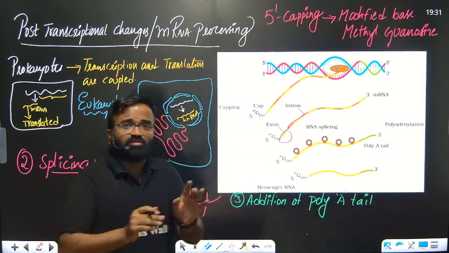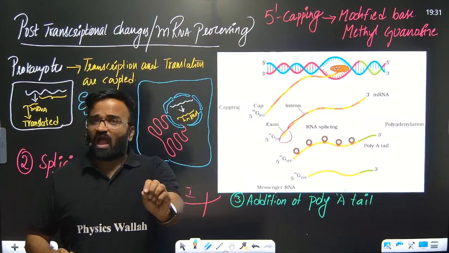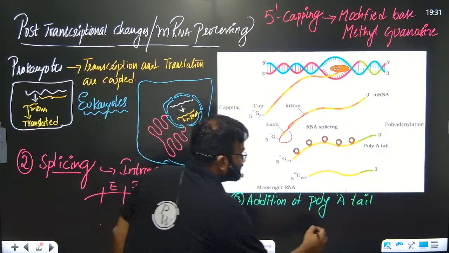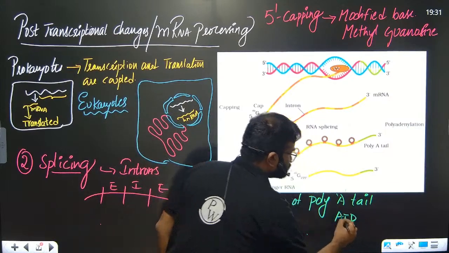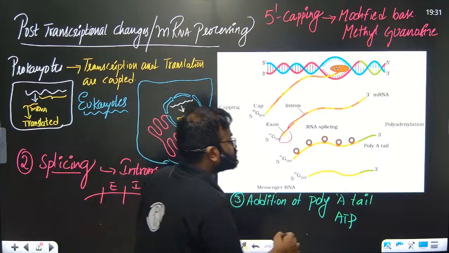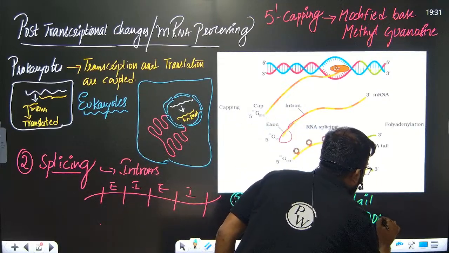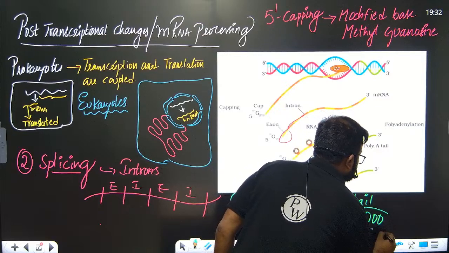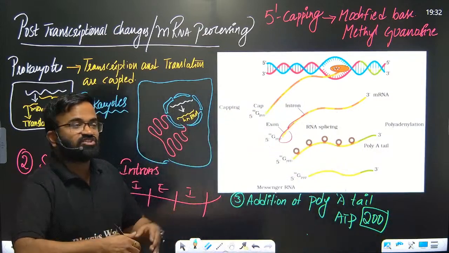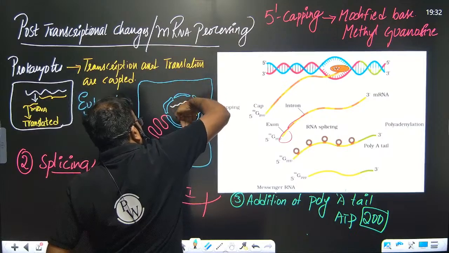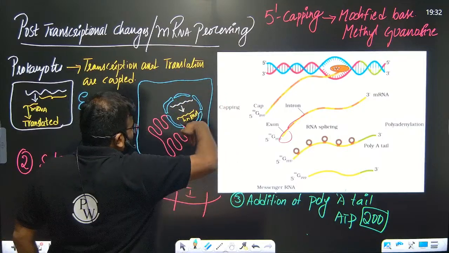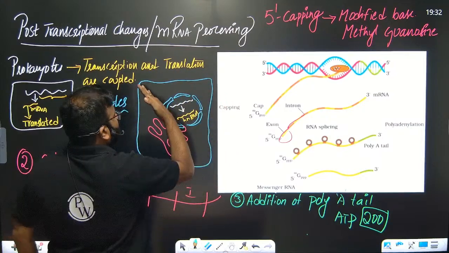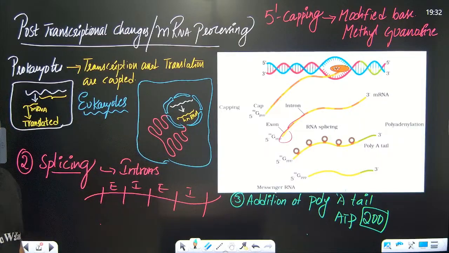Poly-A means, don't think only adenine. No, actually it is ATP. Roughly about 200 adenylate molecules are added, which provides energy so that it can swim from the nucleoplasm into the cytoplasm, thereby on to the ER.